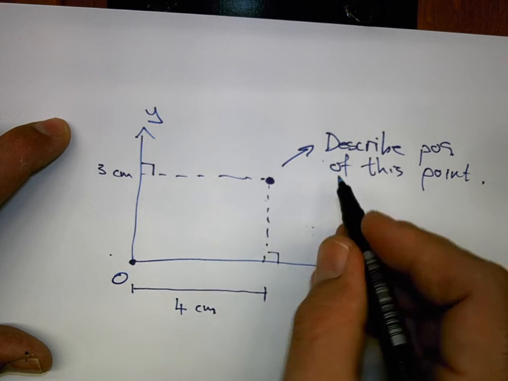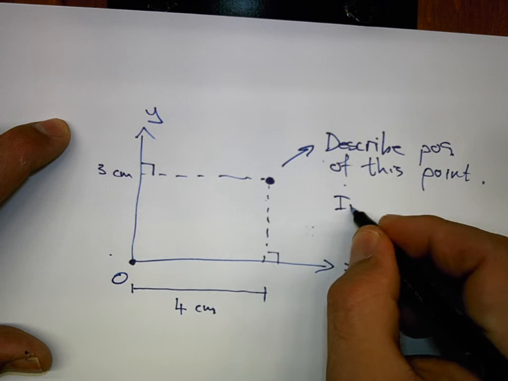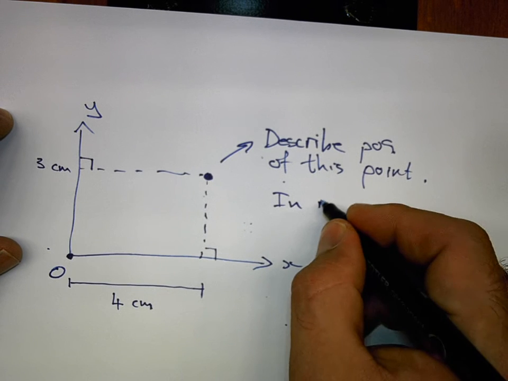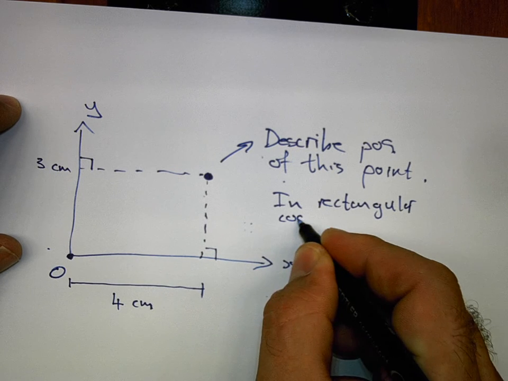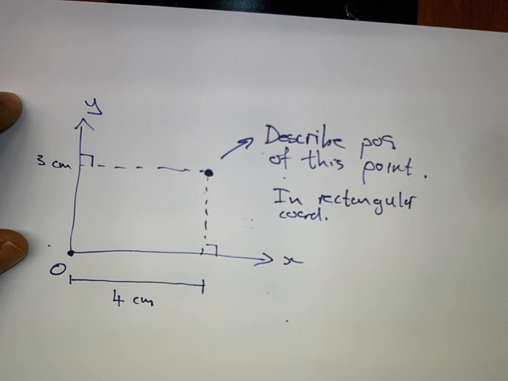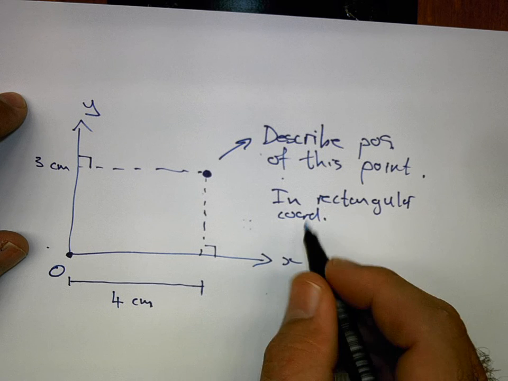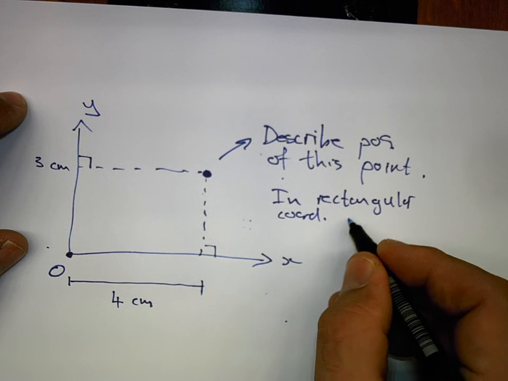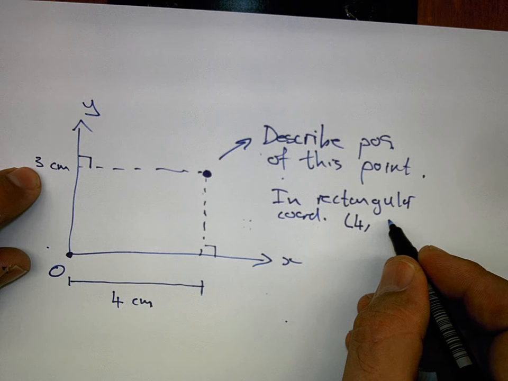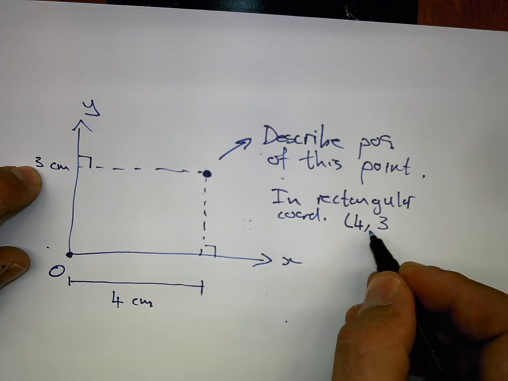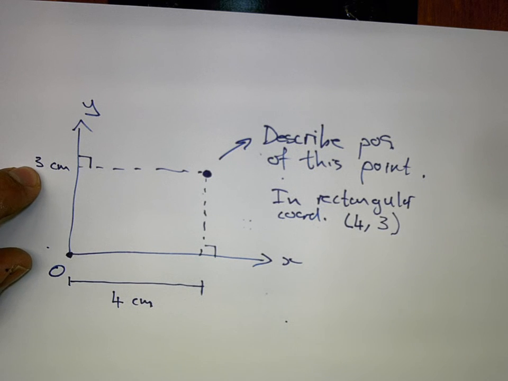So we can say this point in rectangular coordinates has its position specified by the coordinates x, which is 4, and y, which is 3, and it's all in centimeters.